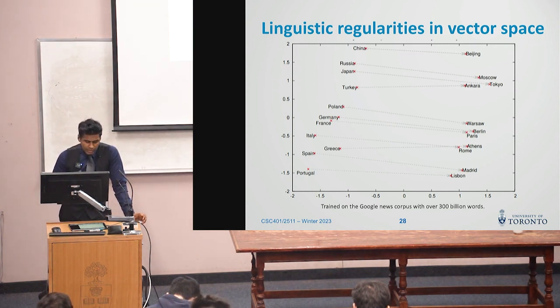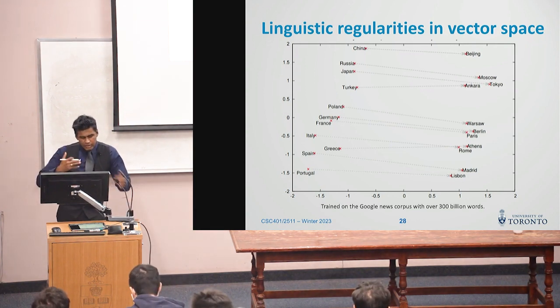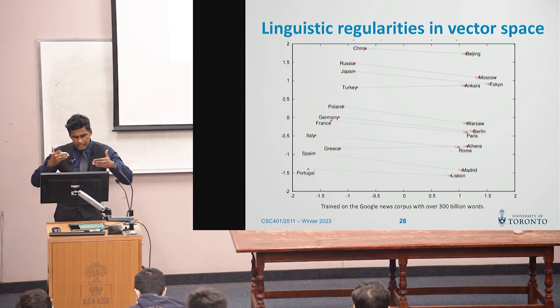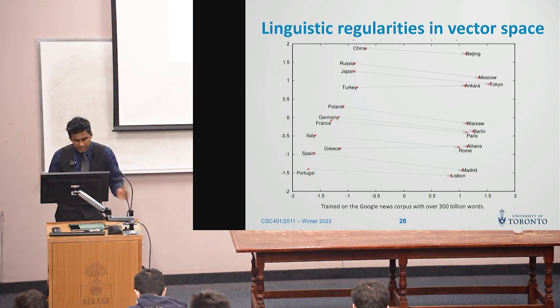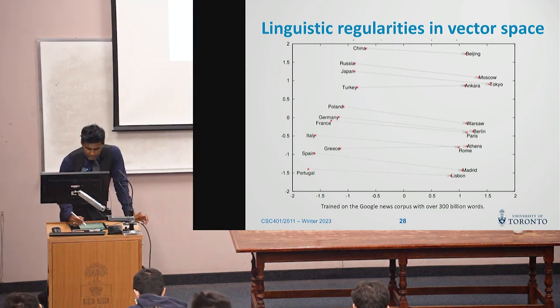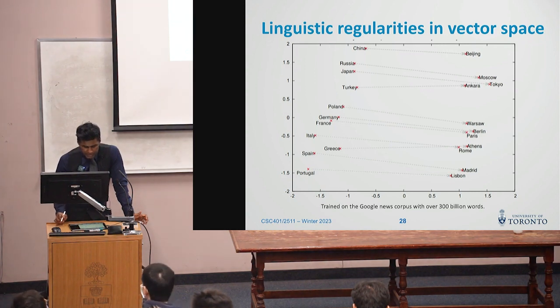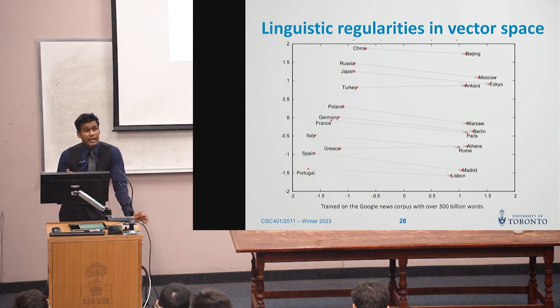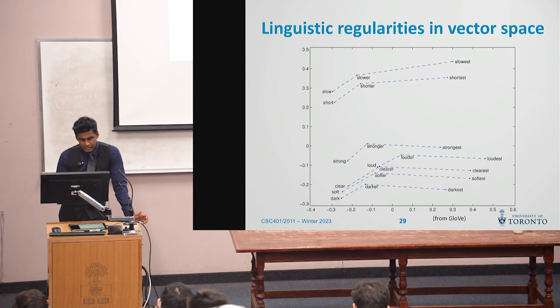The linguistic regularities in vector space show fascinating patterns. In this diagram, you can see the regularity between countries on the left-hand side and their capitals. Similarly, this also holds for verbs and their comparative and superlative forms: slow, slower, slowest, and strong, stronger, strongest.